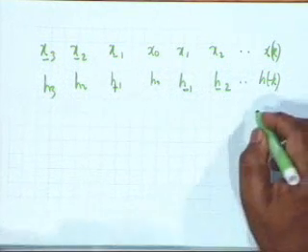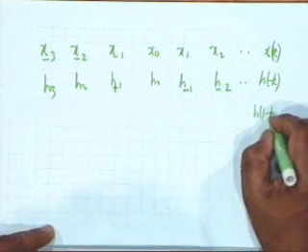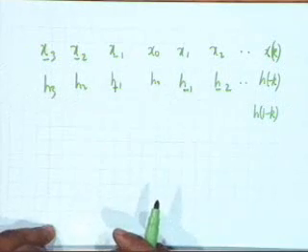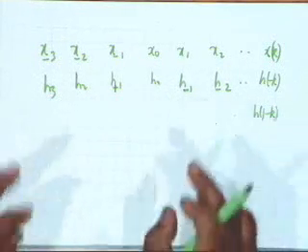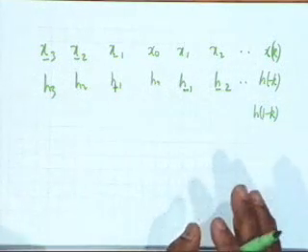Now suppose I want to construct h of 1 minus k. What would happen to this? It would be shifted one position to the right. It is 1 minus k, not k minus 1.